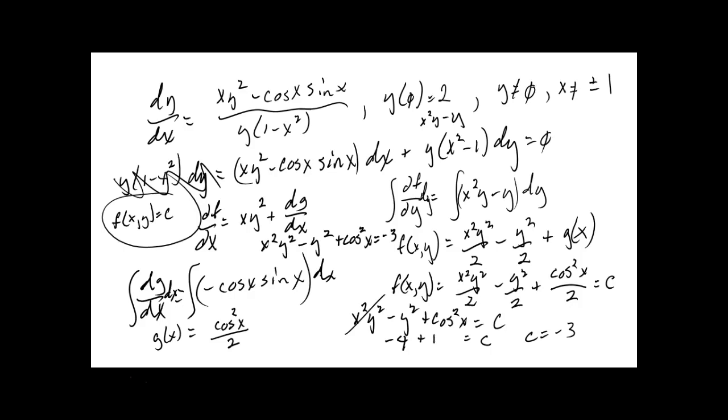That's the solution for this differential equation with that boundary condition. Now notice we haven't violated anything, but this is only good in the interval from -1 to +1 because of that. So this isn't good out here or over there. This is good in that.